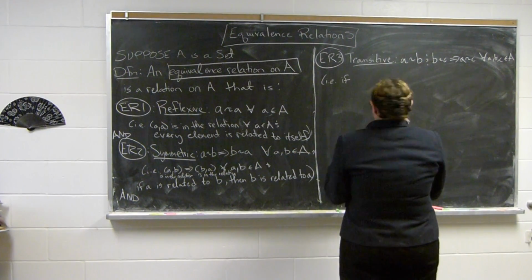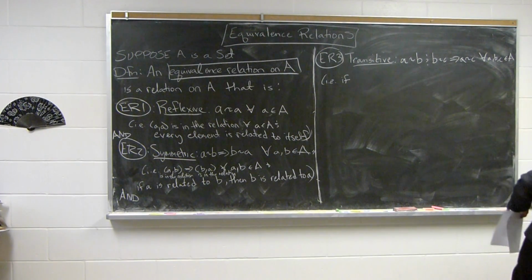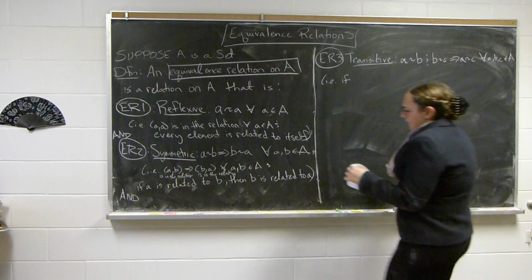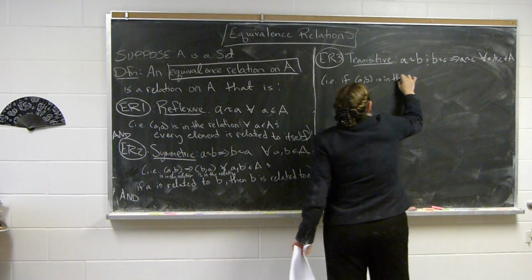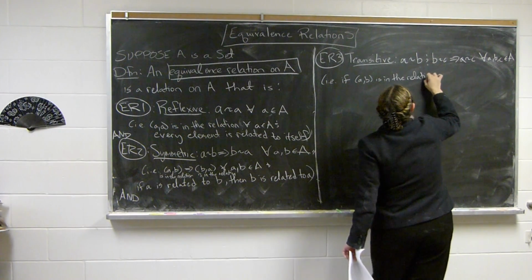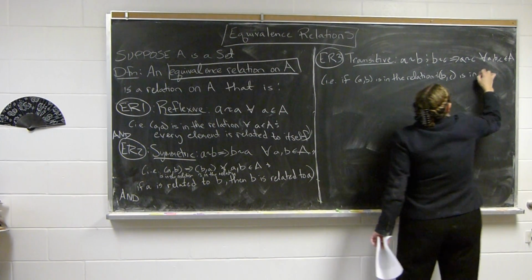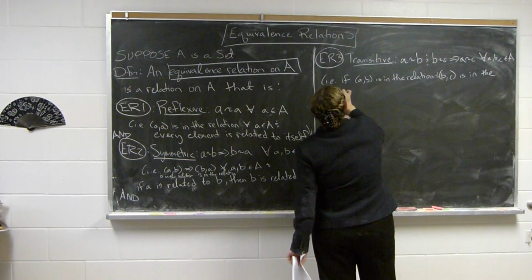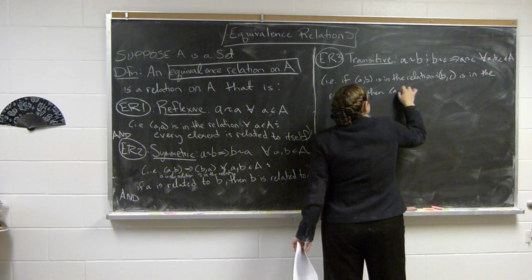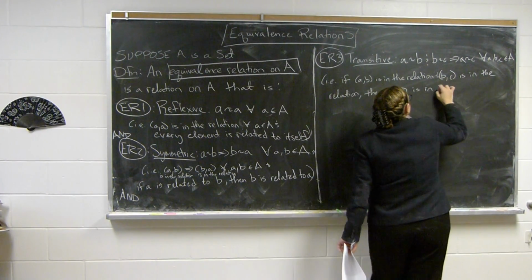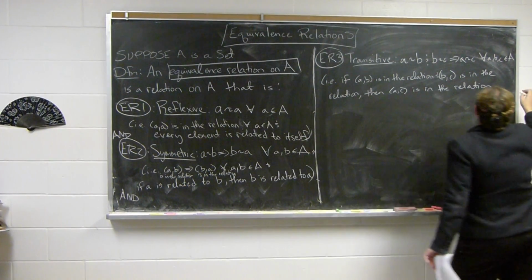Also, there's a chair a little bit too close to where I'm lecturing for how absent-minded I tend to be. Okay, so if (A, B) is in the relation and (B, C) is in the relation, then (A, C) is in the relation. That's one way of looking at it.